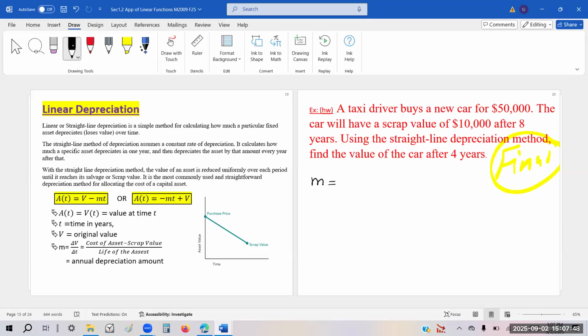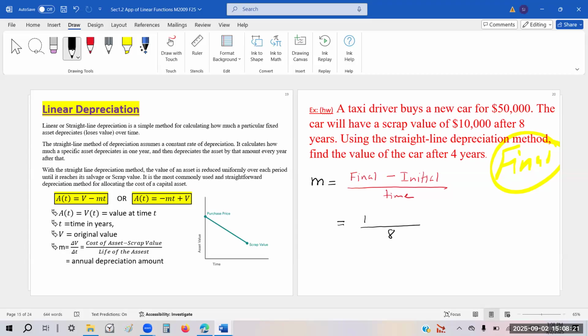So first we have to see what the annual depreciation rate is. Per year, how much money the car is going to lose. So the formula is final minus initial, divided by time. We spent eight years.